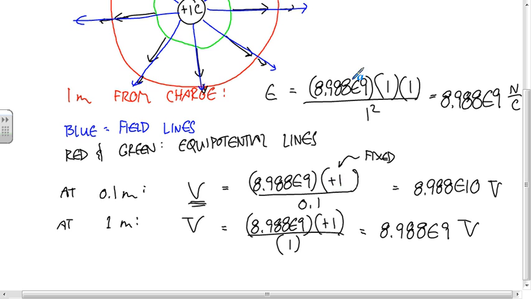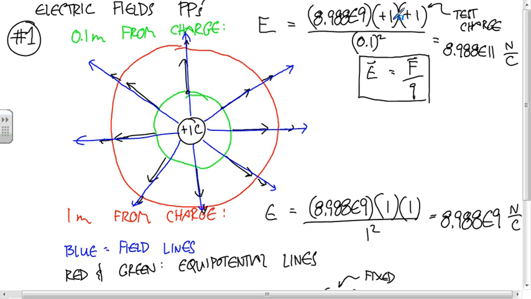But remember, the electric field vector is related to force, and the electric potential is related to potential energy. So V is the potential energy divided by the test charge, yep. And E is the force vector divided by the test charge.